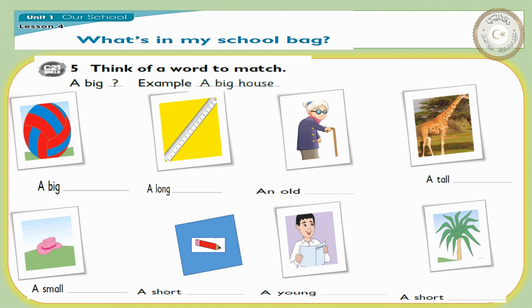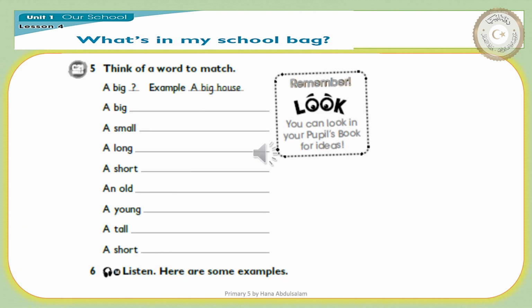So now we are going to listen and check our answers. Listen. Here are some examples. A big house. A big school. A small bag. A small car. A long scarf. A long road.